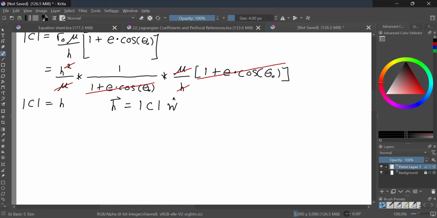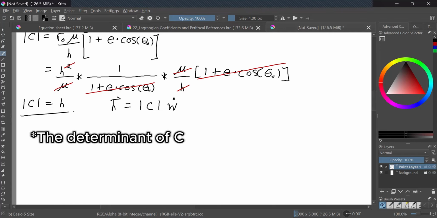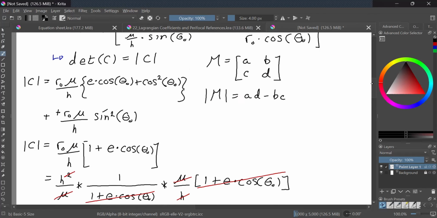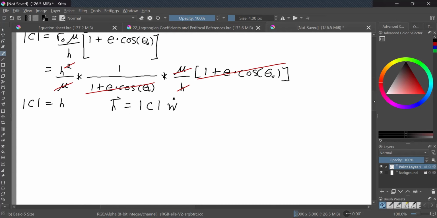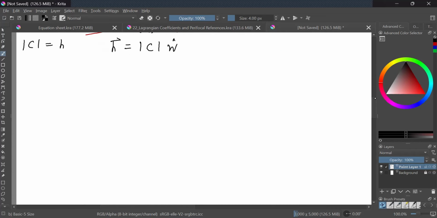So there we go. I guess we did use w in our video today, but that's about the last time that we're going to talk about it. So we have the determinant of h. With that, we can make the inverted C, and from that we can find out what p hat and q hat are. And I am going to go ahead and write those in over here.